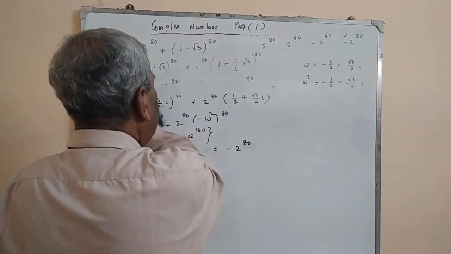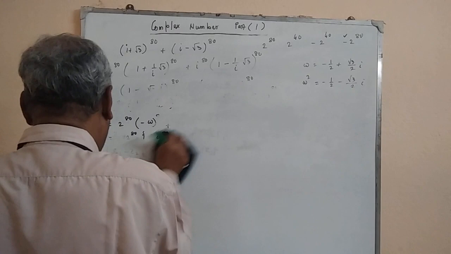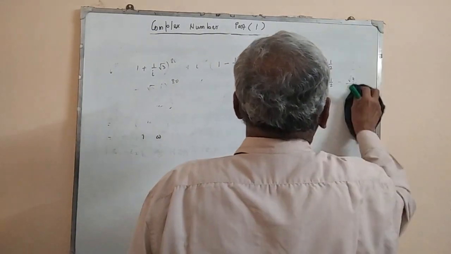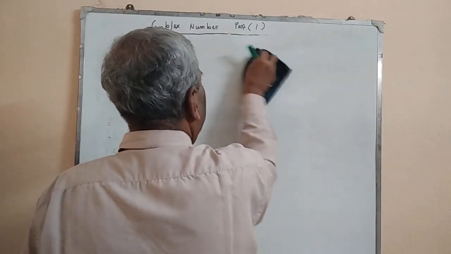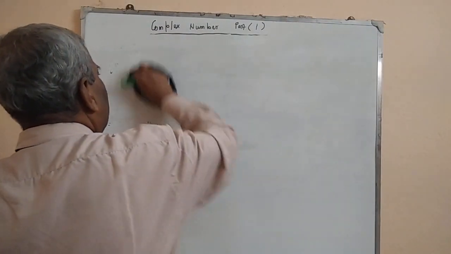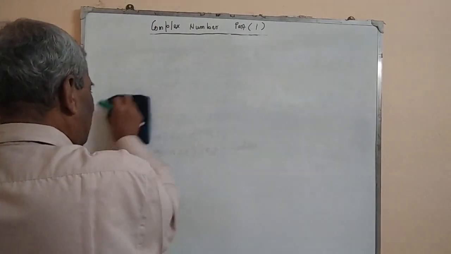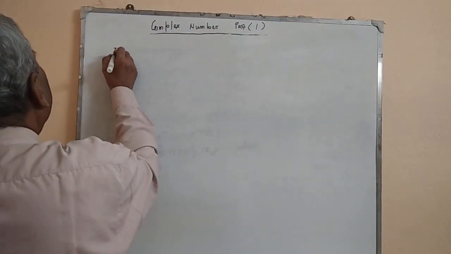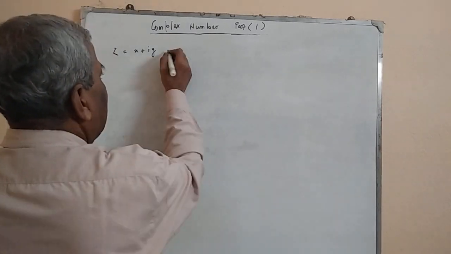Then next problem. Z is equal to x plus iy, and it lies in the third quadrant.